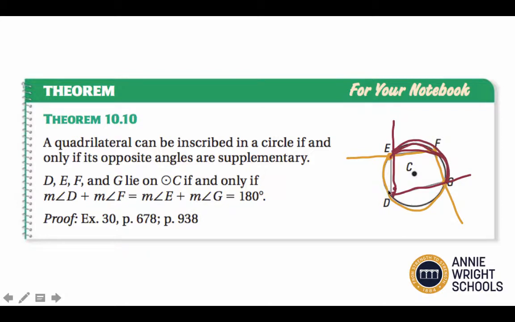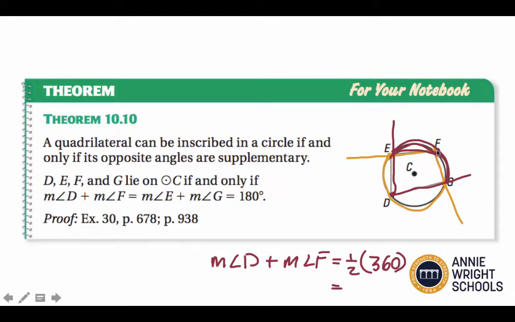Now, I don't know what angle D is and I don't know what angle F is. But I know that angle D intercepts part of the circle, and angle F intercepts all the other part of the circle. So I know that the measure of angle D plus the measure of angle F equals 1/2 the measure of all of these arcs. Now, what do all of these arcs add up to? 360.